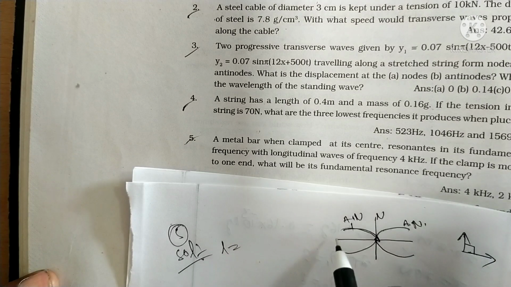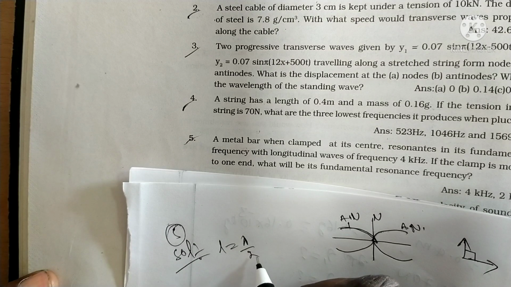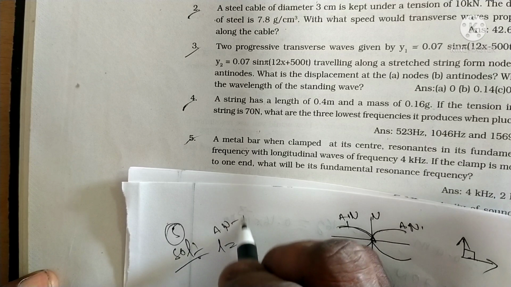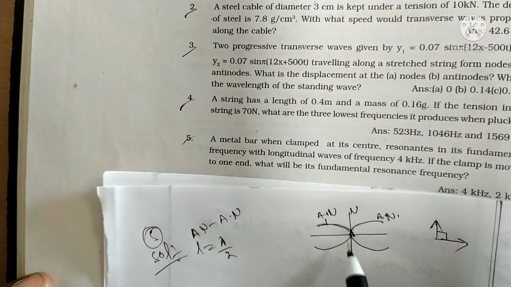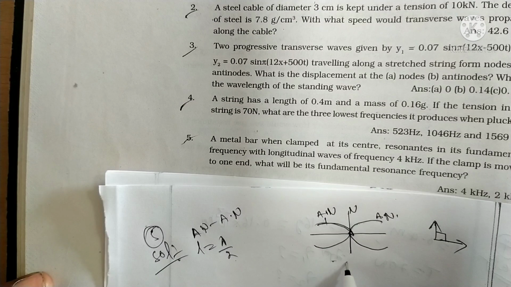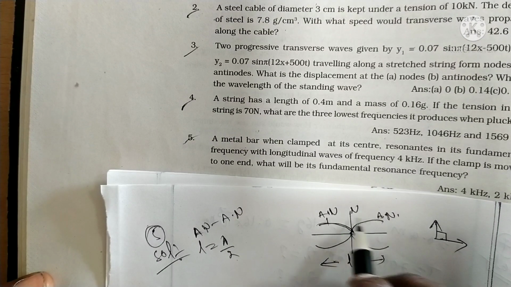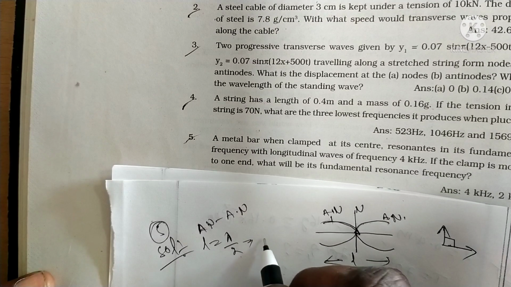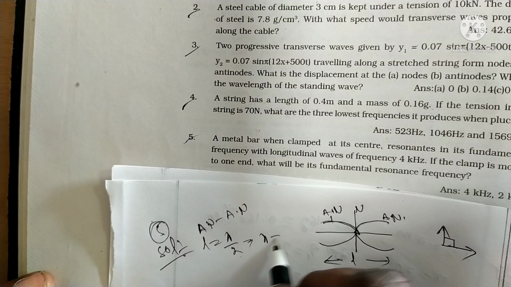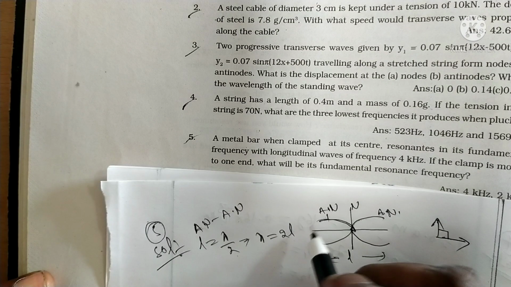At the center, L is equal to lambda by 2, that is the distance between antinode and antinode. Between antinode and antinode, L is equal to lambda by 2, so lambda is equal to 2L.